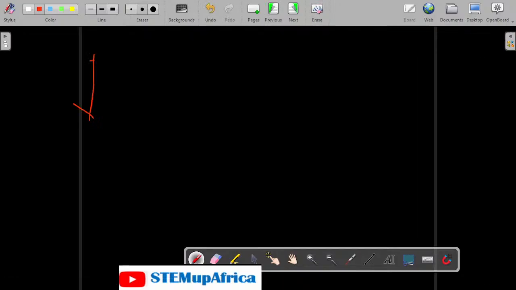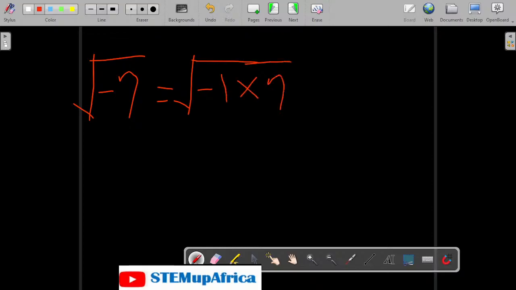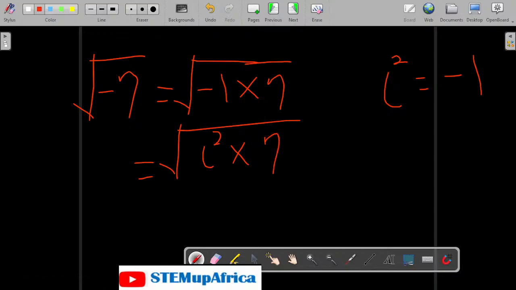Square root of minus 7. I can write minus 7 as minus 1 times 7. It doesn't change anything. It remains as minus 7. But from complex numbers, we are told that i square is what? Minus 1. So that means if I see minus 1, I will put i square. So this will give us the square root of i square times 7.